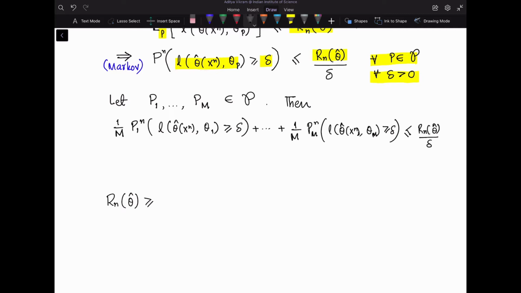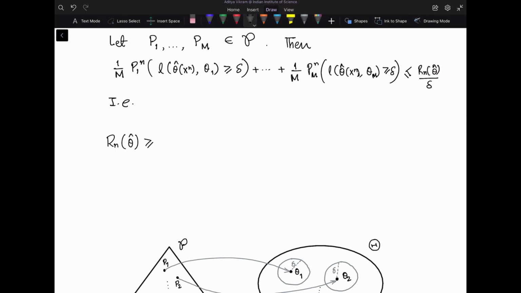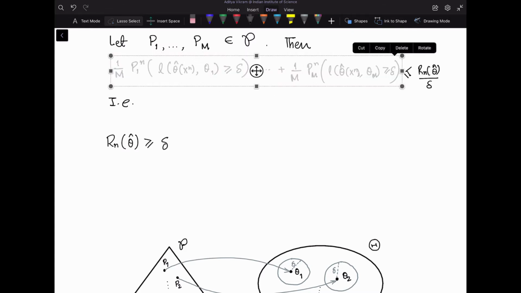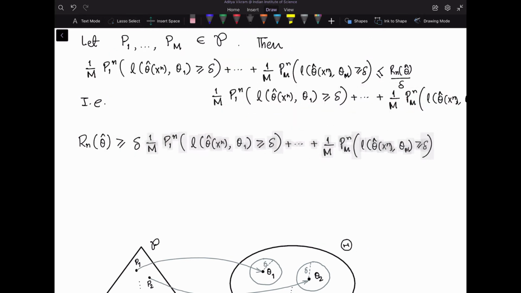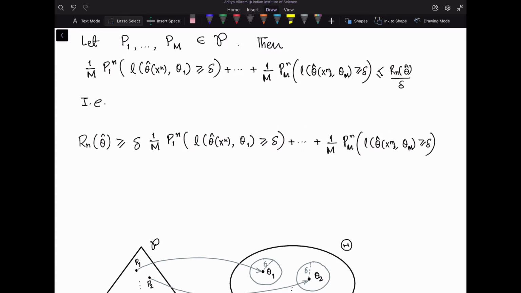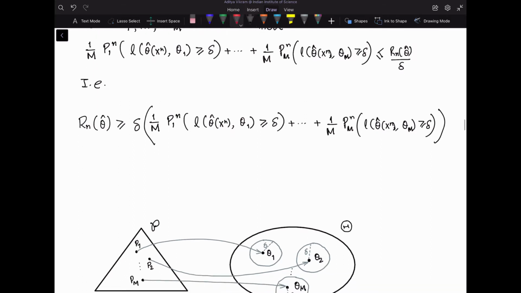So what we have shown is that Rn theta hat is at least delta times this quantity. Let's call this star.